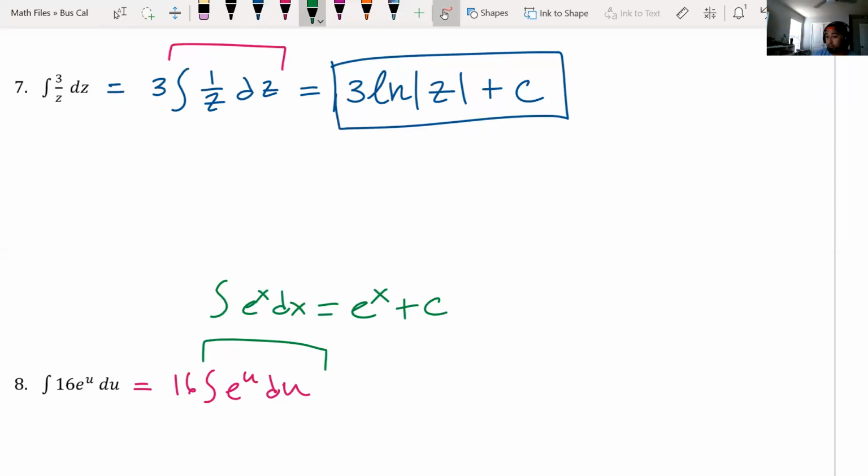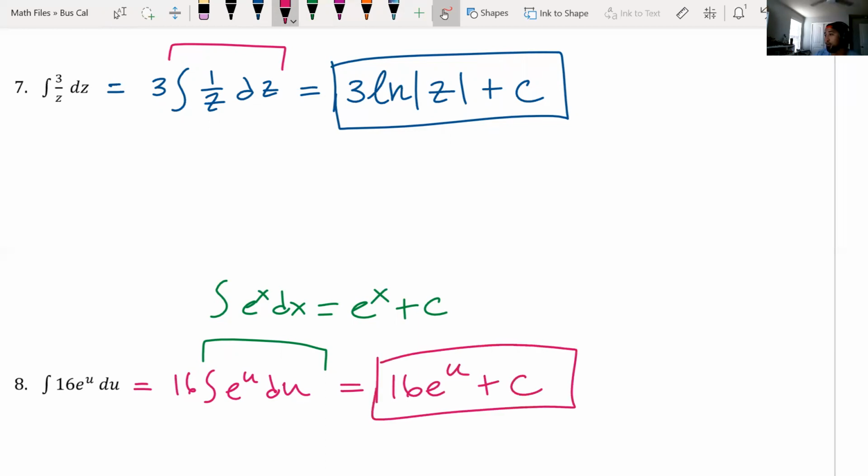And again, that's for e to the x. Ours is e to the u, same format, different variable. So our work is 16 e to the u plus c. There it is. Those are nice.